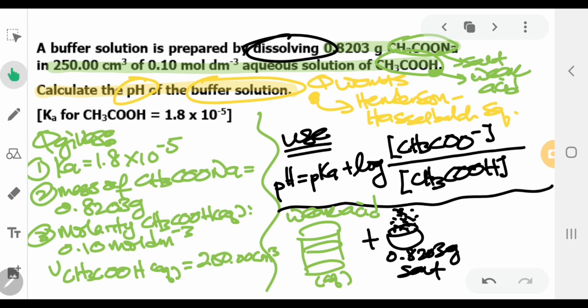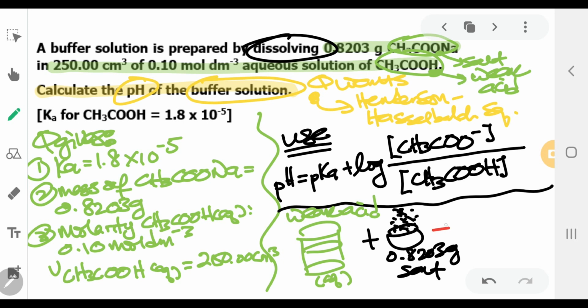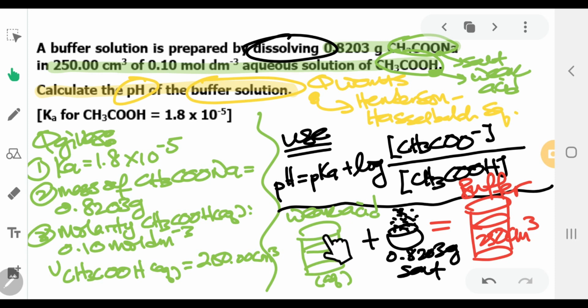Now, when this solid is dissolved in your aqueous solution, therefore your buffer solution volume will be 250 centimeter cubed as well, because we follow the volume of the weak acid that we have here, since you are dissolving solid salt inside there.